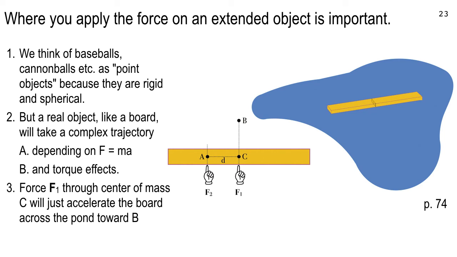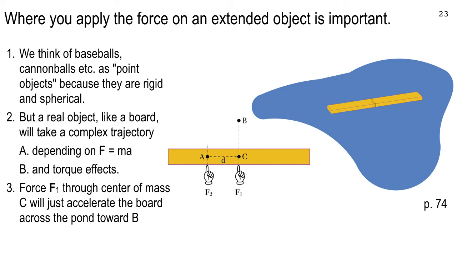Now, F1 is pushing right at the center of the board, so we'll consider that to be the center of mass. If you push the center of mass, the whole board will go in the direction that you push. You'll get some F equals ma acceleration from it.